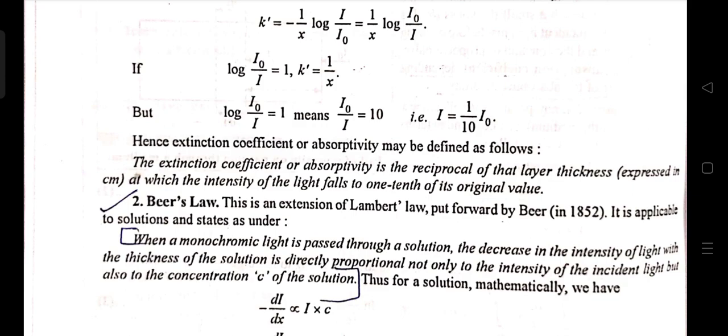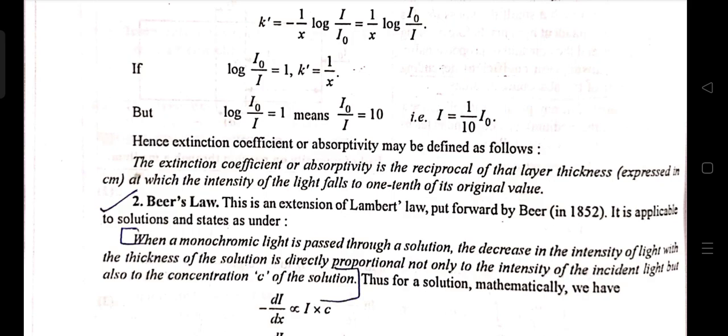And if log(I0/I) = 1, then k' = 1/x, but log(I0/I) = 1 means I0/I = 10, that is I = 1/10 of I0.